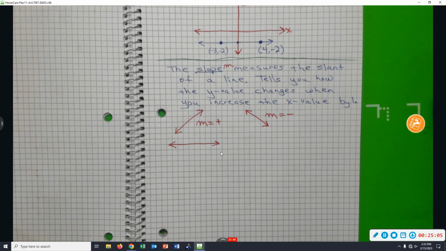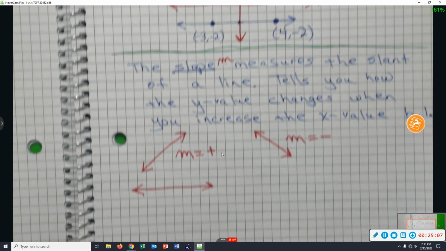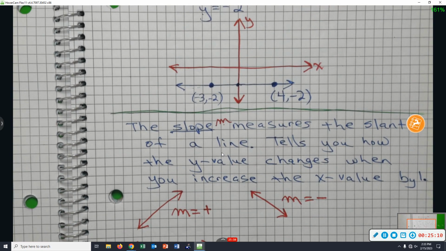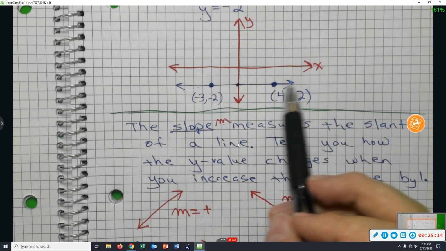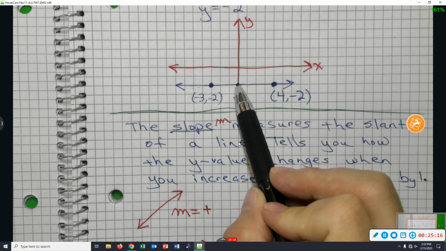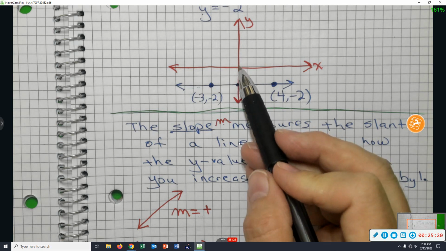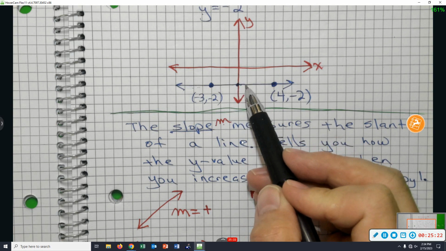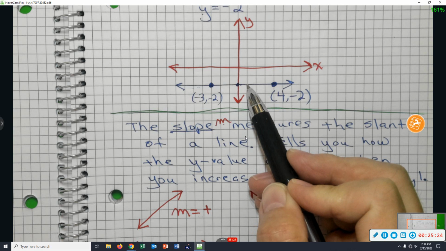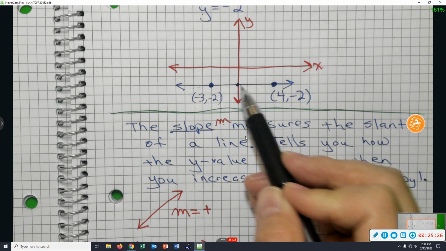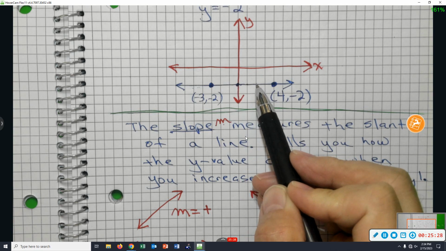Can you blow up the screen a little bit? Okay. Let's look at this horizontal line that we just drew. I'm going to start increasing my x value by 1. I start off with x is 0. I move to this point. How did the y value change compared to the previous point? Move over again.